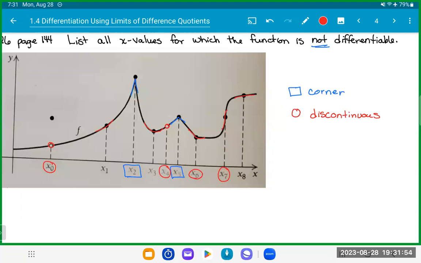Then you want to make sure that it's smooth and continuous as well, okay? Questions? So to properly answer the question, we would list all of the ones that you put either a circle or square around.